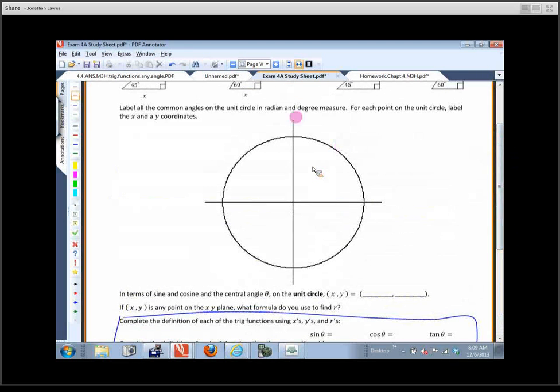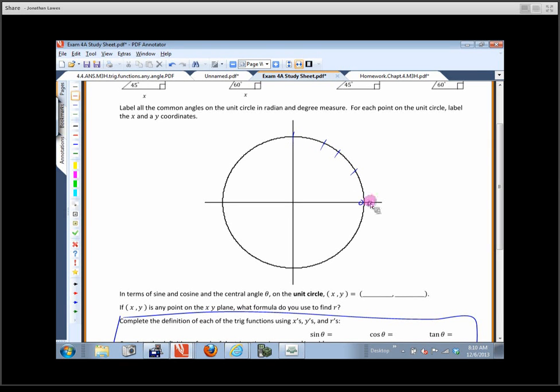I wouldn't have you fill in the entire unit circle, but I might say fill in quadrant 3 or fill in quadrant 4, quadrant 2. I might tell you a quadrant that you've got to fill in. And the instructions on this are: mark all the common angles. So start with 0. There's 45, there's 90. There would be 30, and there would be 60.